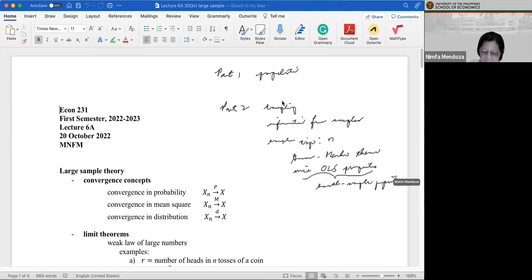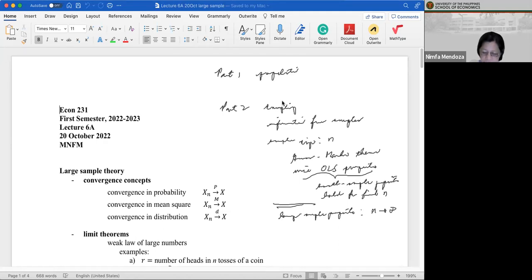So they hold for fixed n. But once you have violations of the Gauss-Markov theorem, then you appeal to the large sample properties. So you would be looking at what happens when n approaches infinity, when you have a sufficiently large sample size.